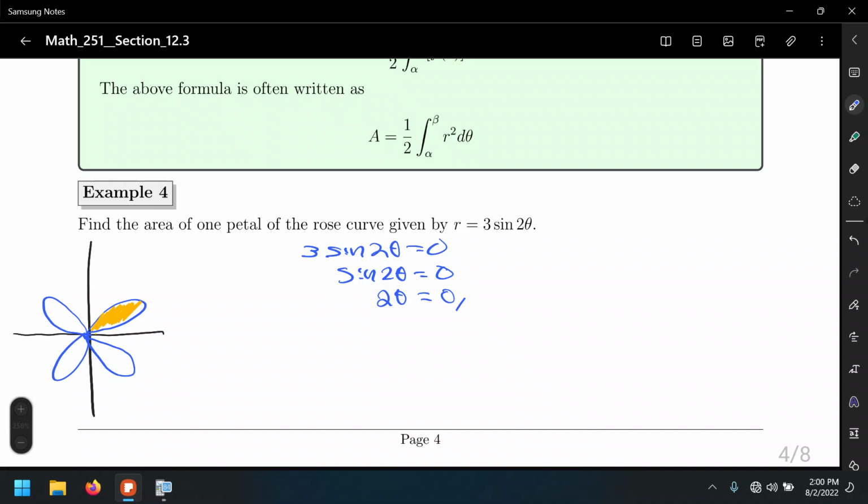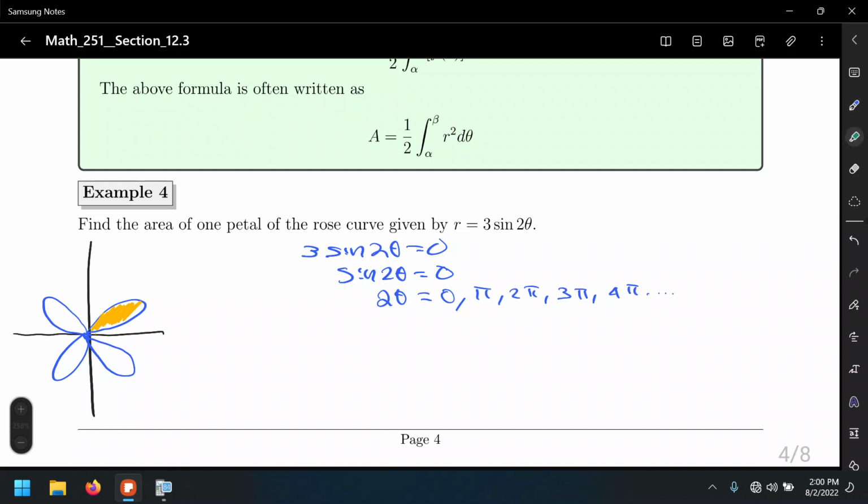Well, pi, and then 2 pi, and then 3 pi, 4 pi, etc. The reason I'm listing a few more angles this time is because we have a composition of functions in the trigonometric function, and that may affect the number of solutions that we get within one cycle to pi.